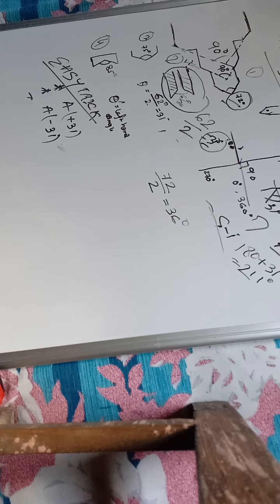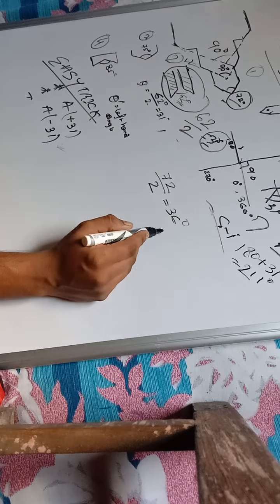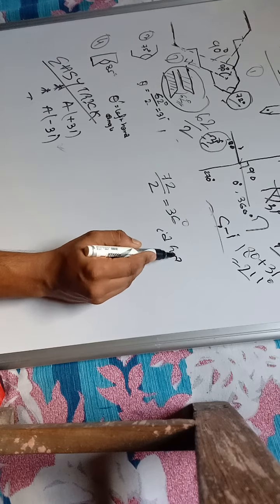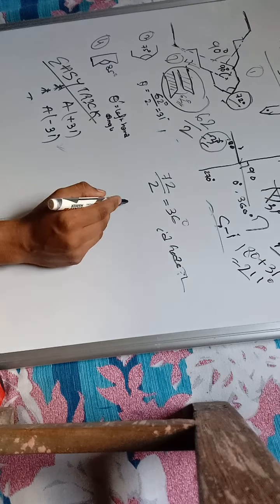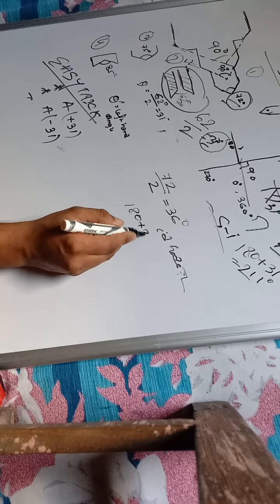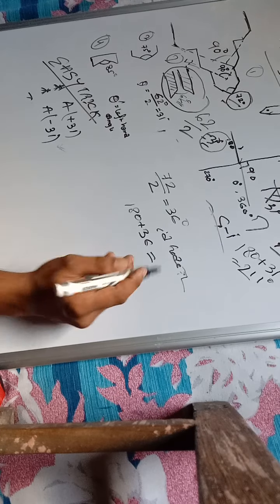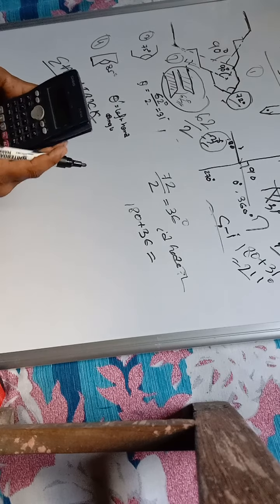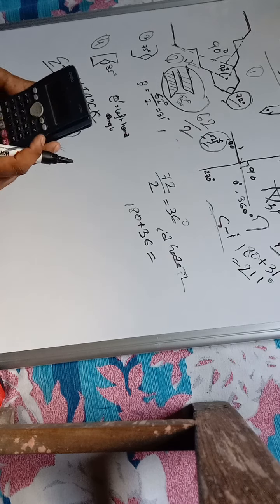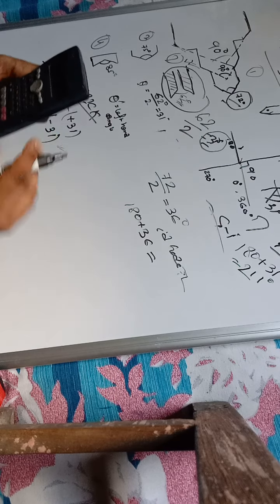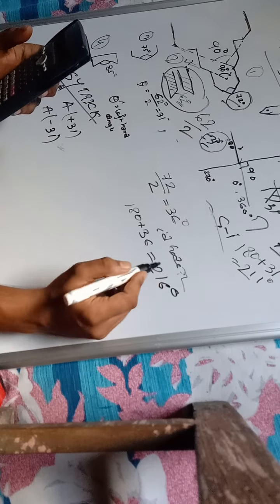Then what will you do? We will apply the same process. In case of ID holder, that will be 180 degree plus 36. Simply we will calculate 180 plus 36, that will be 216 degree.